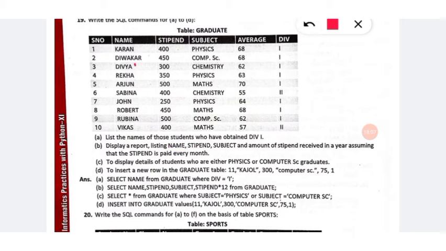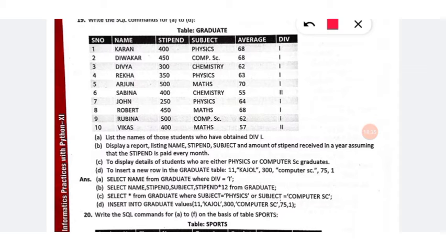So for computing the yearly stipend we have to multiply this stipend by 12. So we can write the statement as select name, stipend, subject, comma, for yearly stipend, stipend into 12 from graduate. Graduate is the table name.